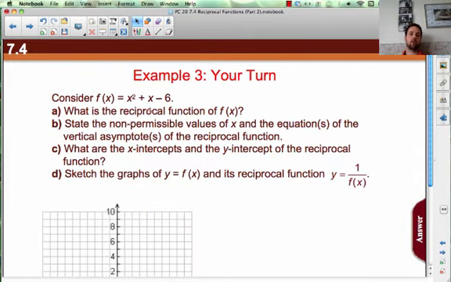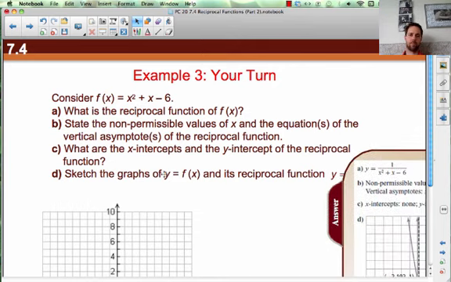Here's another one. This is a quadratic, so give it a try. Remember, the vertical asymptotes will occur at the zeros of this function. So factor this, and then find those locations of those vertical asymptotes. And looking at it, I think it's going to be negative 3 and positive 2.